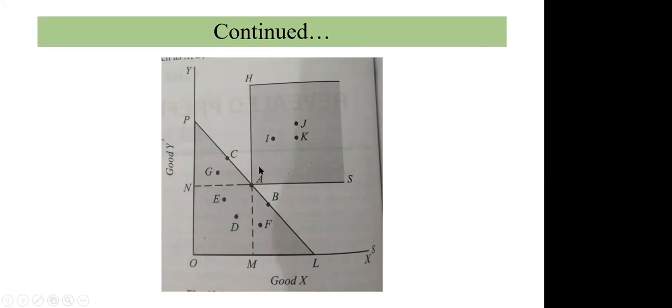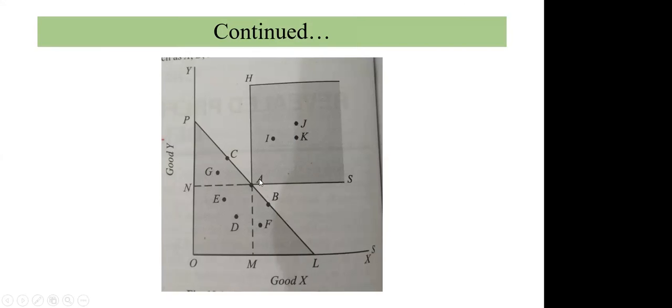He will only buy combination A even if he is given options of all these other combinations, and this way he is revealing his preference for A. He is also revealing that all other combinations like B, C, D, E, F, G are inferior to him. Now what about the combination IJK?